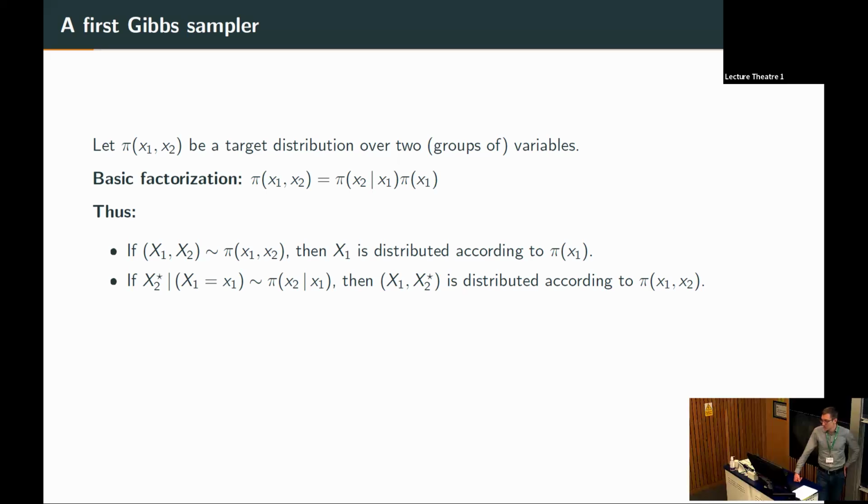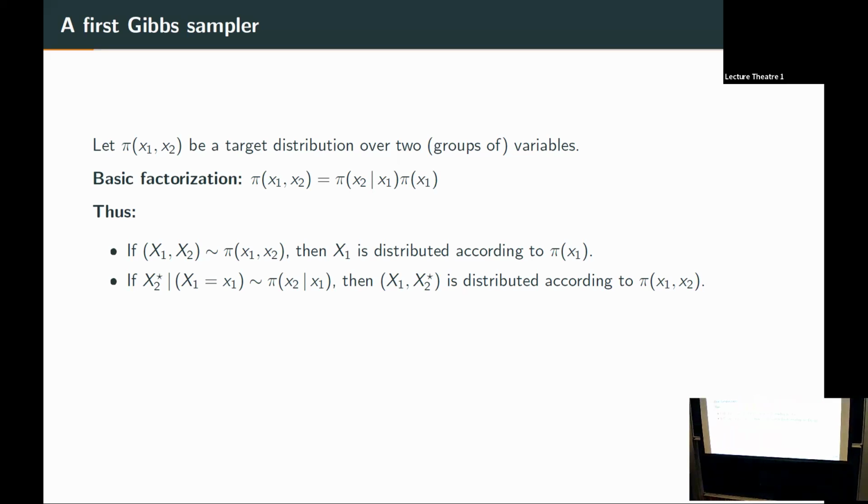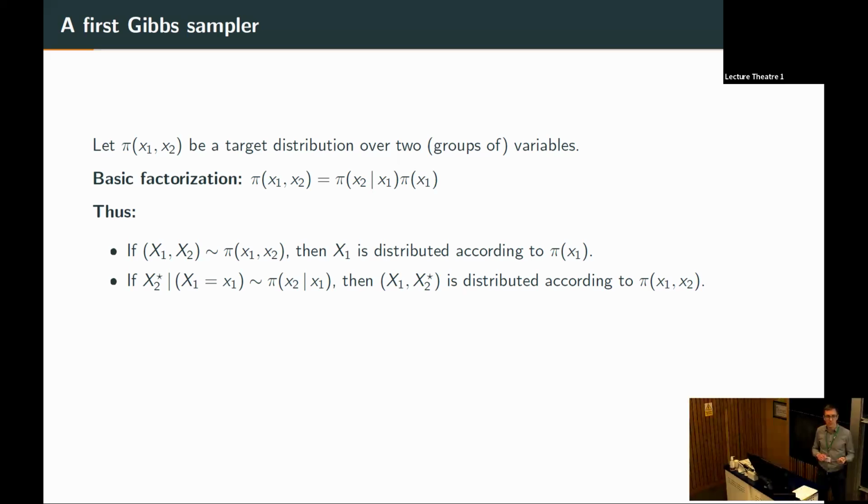And that also means that if I generate a new sample x2 star from this conditional, which is the second term in the factorization here, and then I consider this pair x1 and x2 star, that will also be distributed according to the joint. I think that's an important part to understand this algorithm. So does that make sense to everyone? Clear?